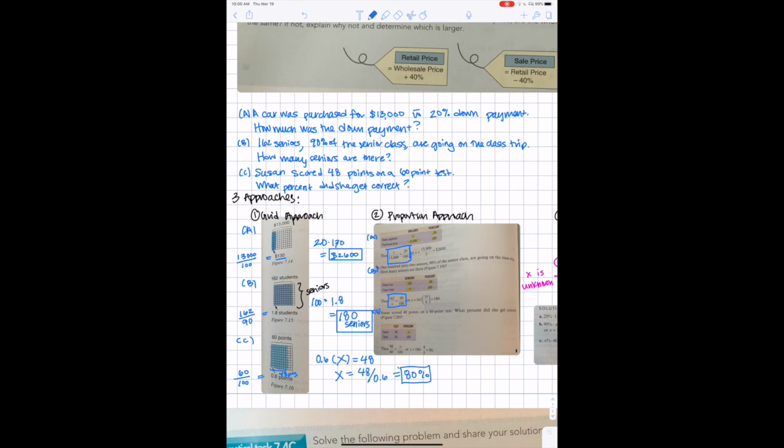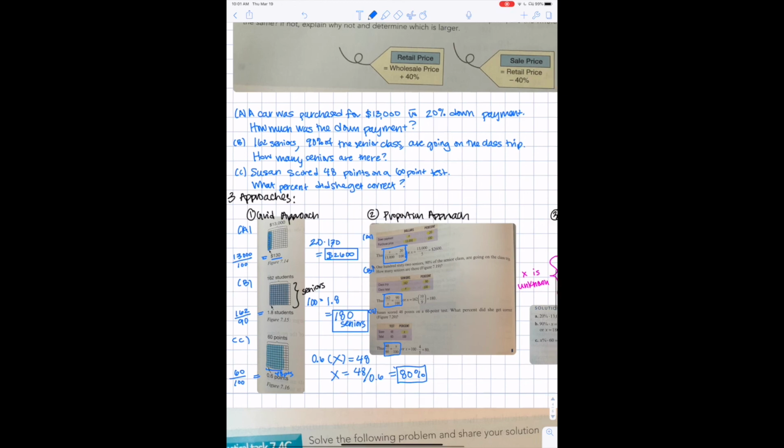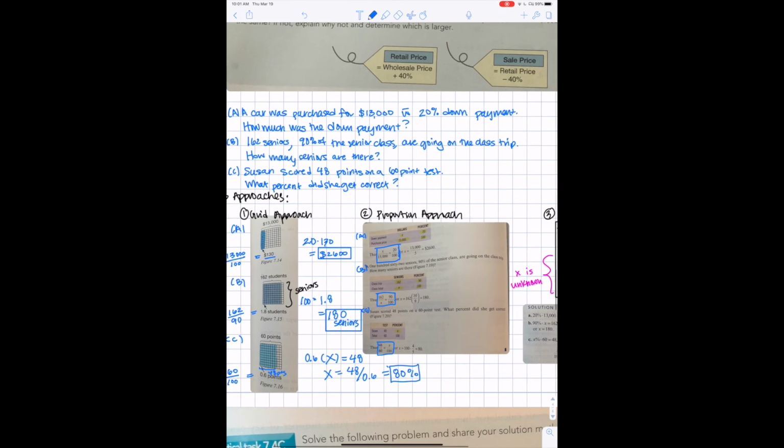So when I set up my proportion, x is over 100 because I'm asking about the percentage, and that corresponds to 48 over 60. Solving that, I again get 80% like I did before, but using a slightly different approach. Of course they give us the same answer, which is great.